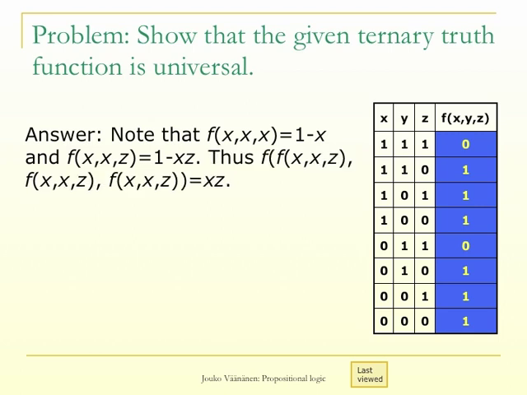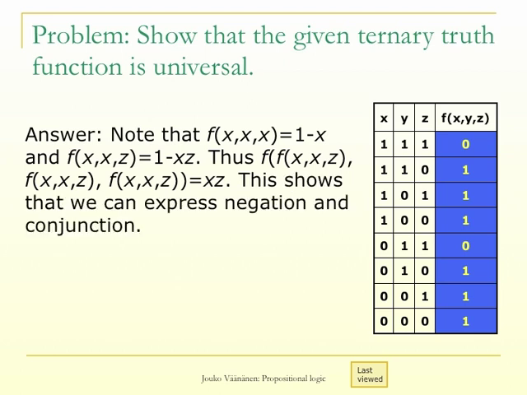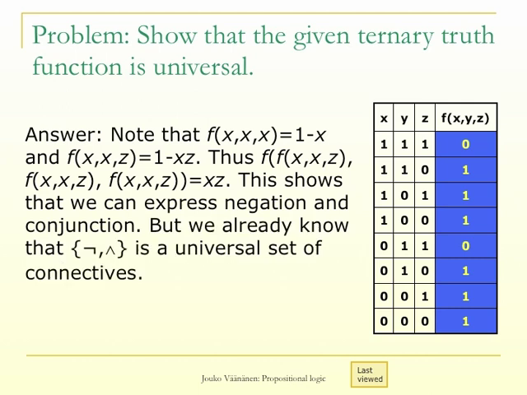Thus, f of f of x, x, z, f of x, x, z, f of x, x, z equals xz. This shows that we can express negation and conjunction in terms of f. But we already know that the set negation, conjunction is a universal set of connectives, so we are done.